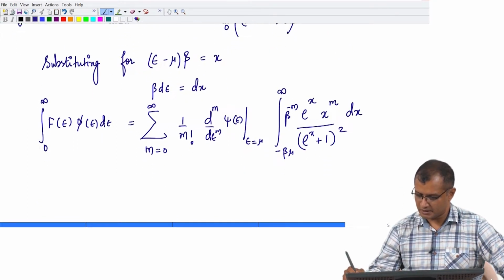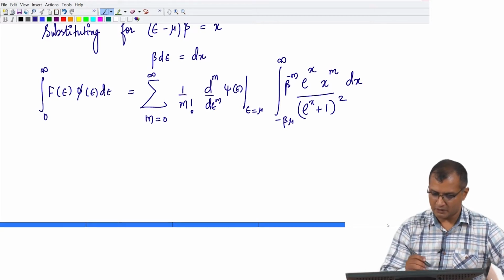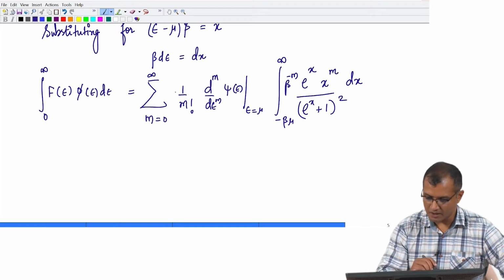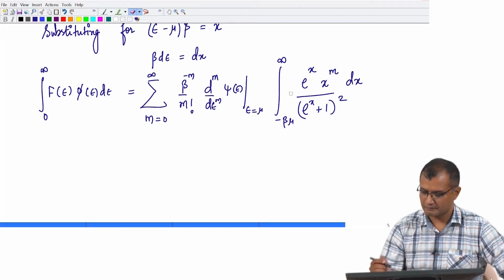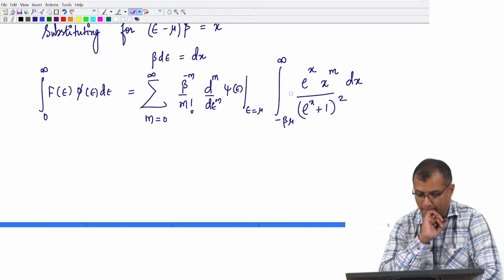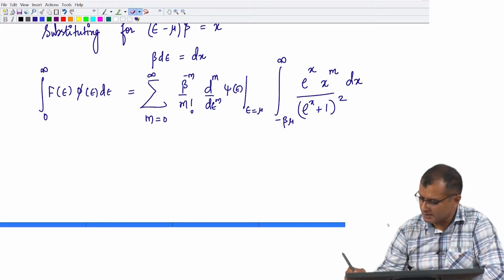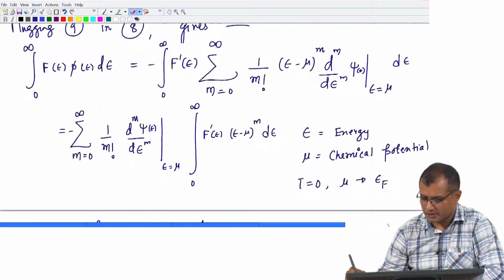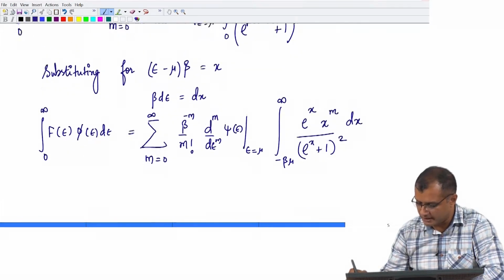So, since beta is independent of x, I am going to write this outside, okay, and remove it from here. It is only a function of m. Okay. So, now we can solve this integral. Let us put a label on it. We are at 9. So, let us put the label 10.